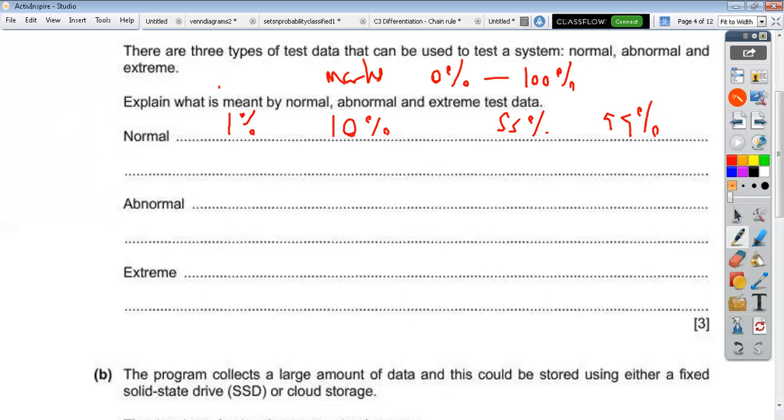I'm asking a simple question, Mario. Are they all normal data from the definition that I've given you? Is 1%, 10%, 55%, and 99% normal data? I've given you the definition just now. Is that normal data?